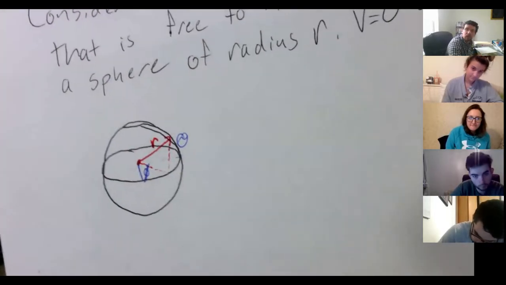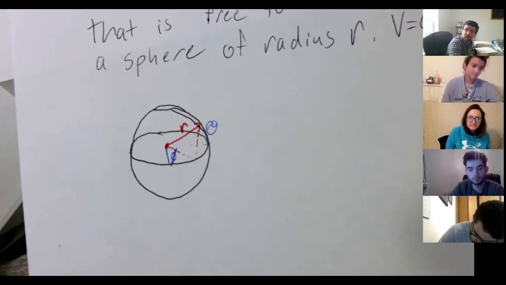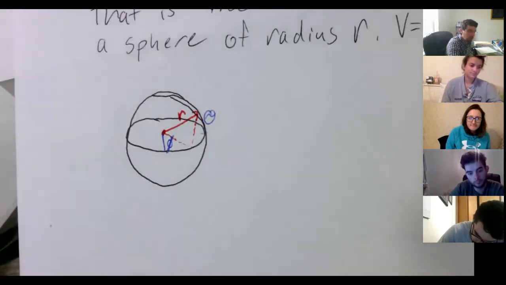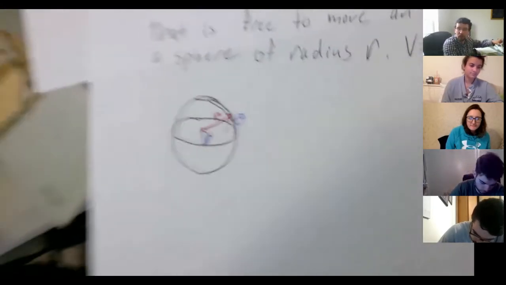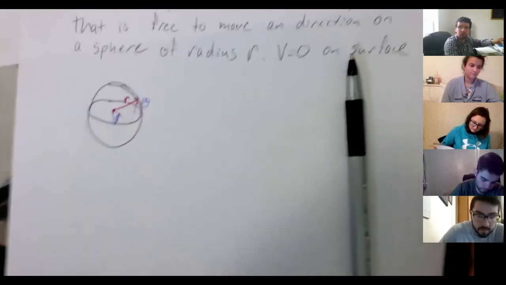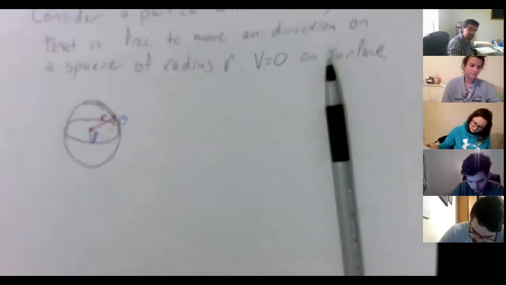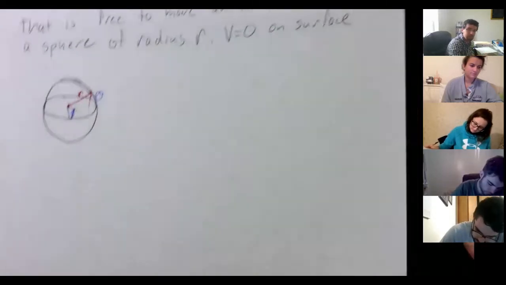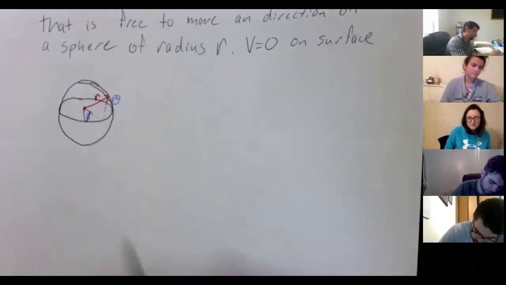So now we have this fictitious system. Where do we always start when we go to model a new system? The Schrodinger equation. Yep.